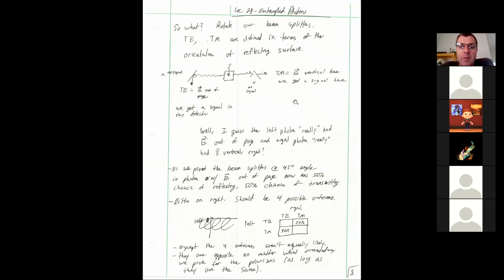So I set up different axes, and the experiment still unfolds as if 50% of the time it was really plus 45 degrees, and 50% of the time it was really minus 45 degrees. And whenever this one is quote unquote really plus 45, the other one is quote unquote really minus 45. And that's weird. No matter what axis we choose, as long as we do both of our measurements the same way, they're anti-correlated. Questions?